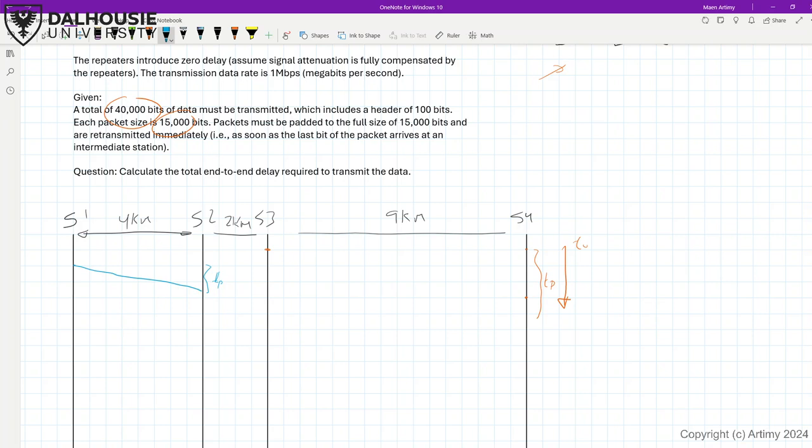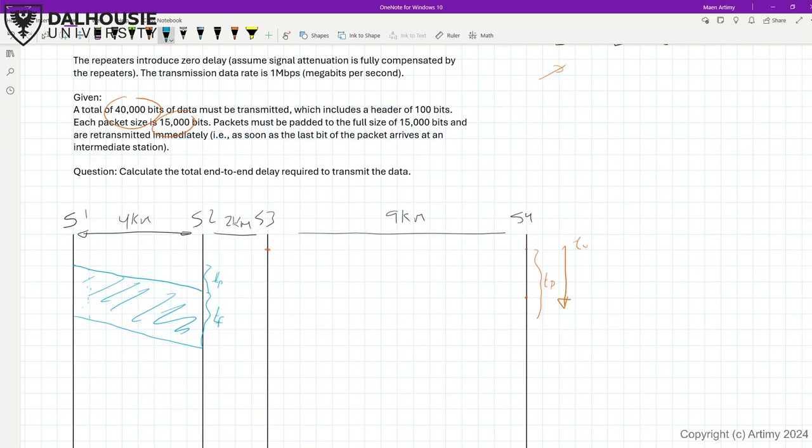We have 15,000 bits. So the 15,000 bits will take some time to transmit, and then at the end we will have the last bit. So from here to here, we have the transmission time, TF. So this is the whole frame, and we're going to send them bit by bit until it's over.